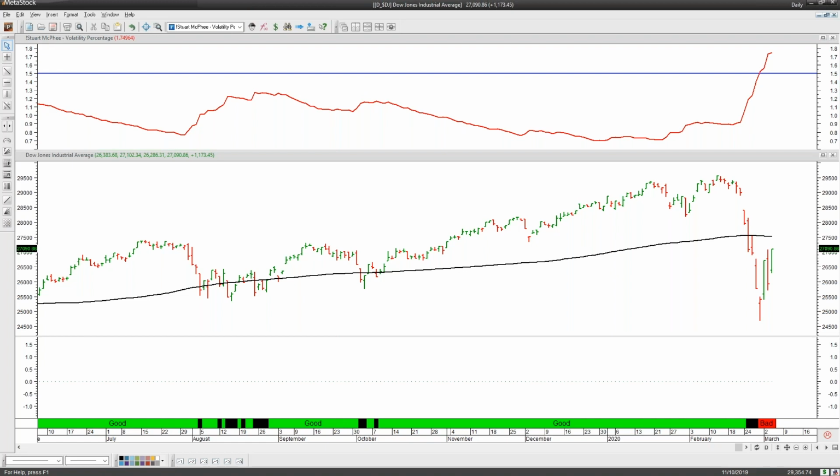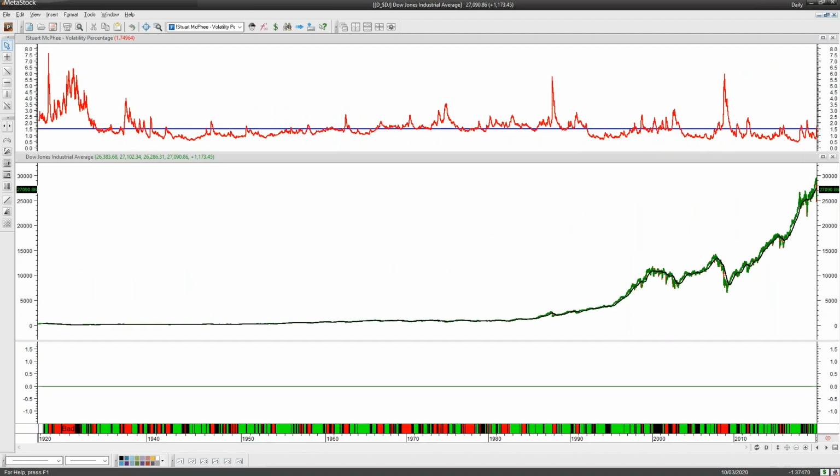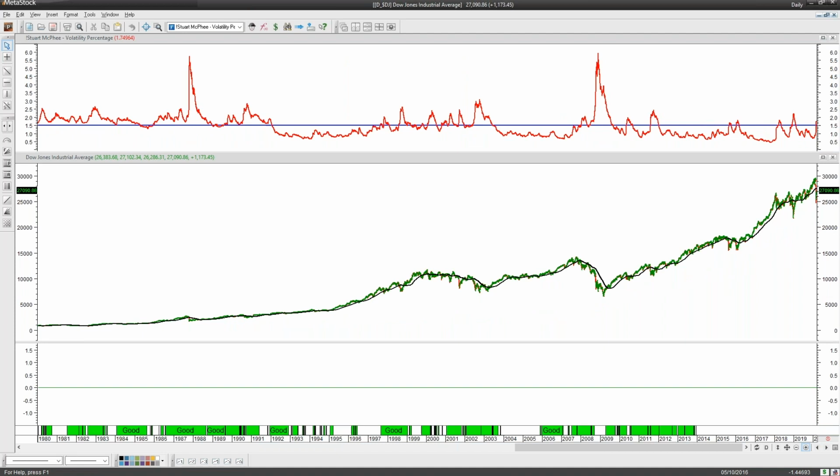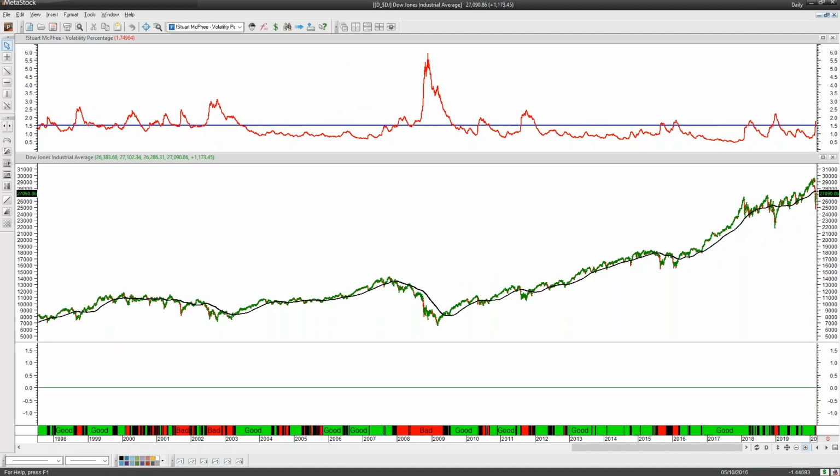So there's my indicator. The red line is the indicator, and there's a horizontal line at a value of 1.5. If I zoom right out for all the history of the Dow Jones, which is considerable, you can see the formula in context and where it's being plotted over the years. What I want to do though is bring it into more recent time, and now we can see that for the majority of time, this red line, the volatility percentage, sits below that 1.5% level.